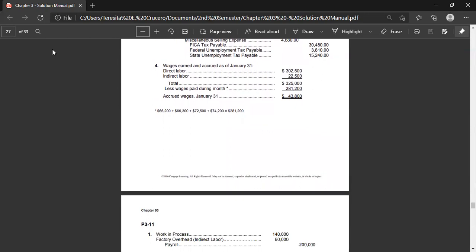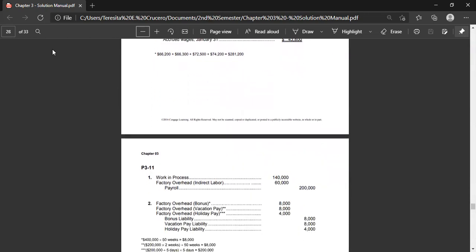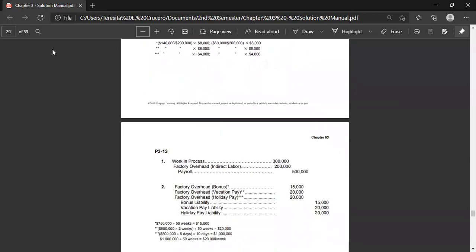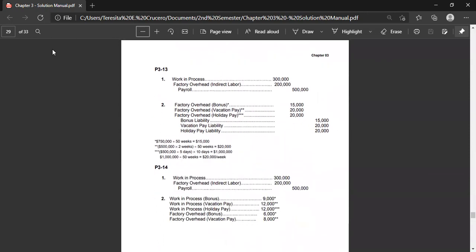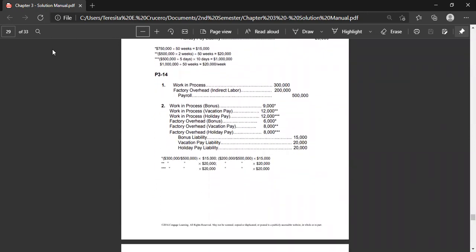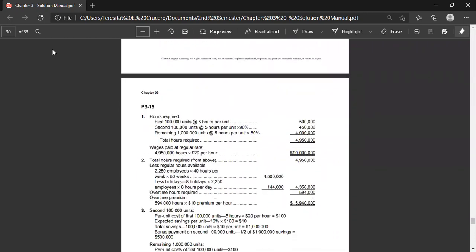Okay, now that's 3, that's 10. We have one more problem. 3 does 15. The requirements, we have 5 requirements in 3 does 15.